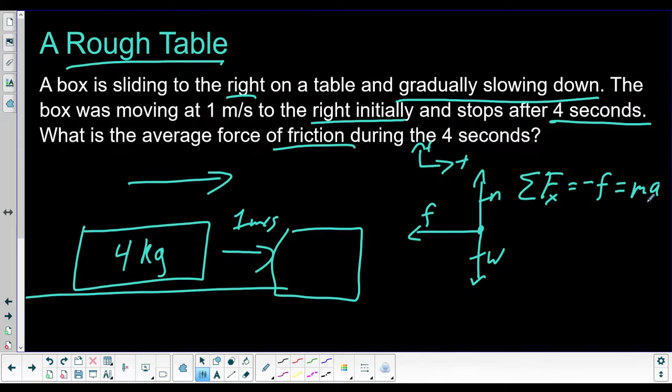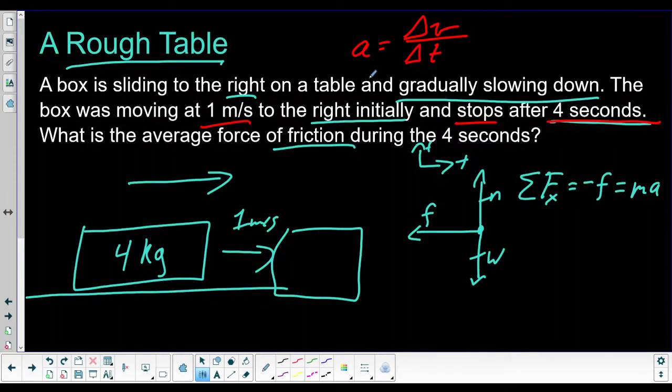Okay. We still don't know the acceleration, so we're going to have to calculate that. Let's look at the information that's related to acceleration. Acceleration is change in velocity over change in time. We have a starting velocity, we have an ending velocity, and we have an amount of time. So let's go ahead and solve for it.